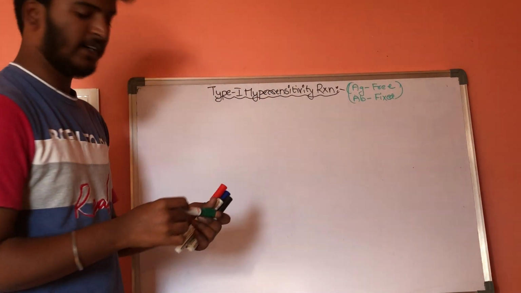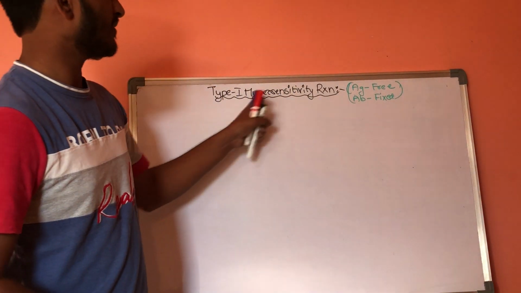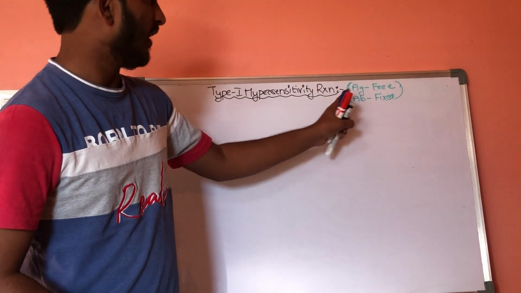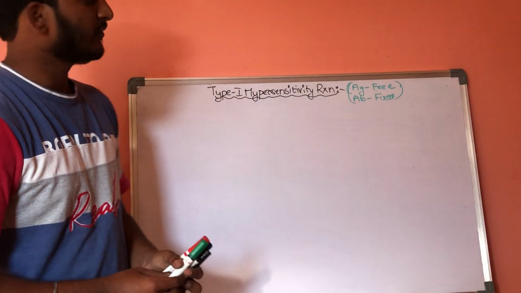This is the basics to be reminded: in type 1 hypersensitivity, the antigens are free and floating, and the antibodies are fixed.